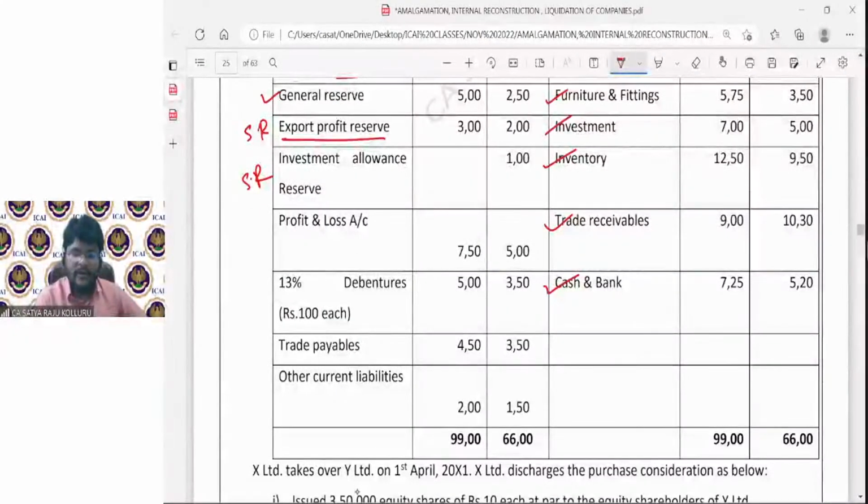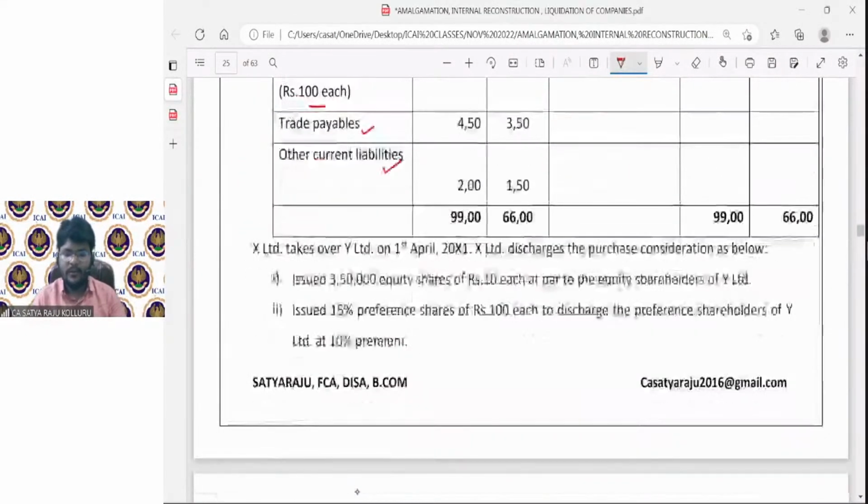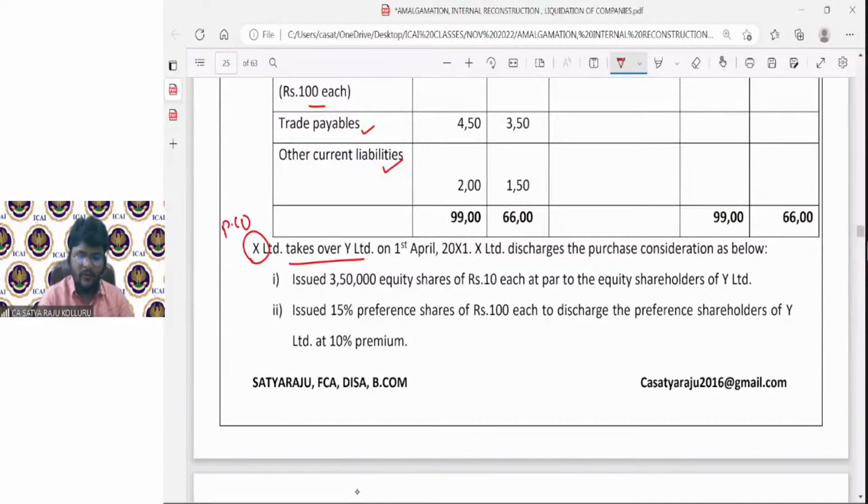P&L account is a free reserve. General reserve is a free reserve. Next, 13% debentures are given, face value 100 each. Trade payables and other current liabilities are given. X Limited takes over Y Limited, which means X Limited is the purchasing company and Y Limited is the selling company.